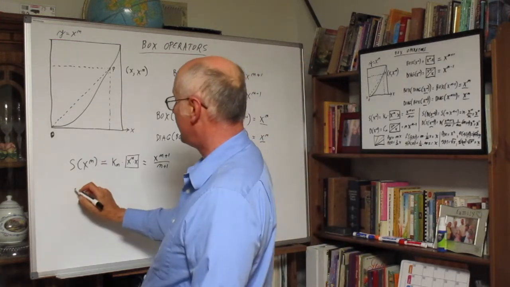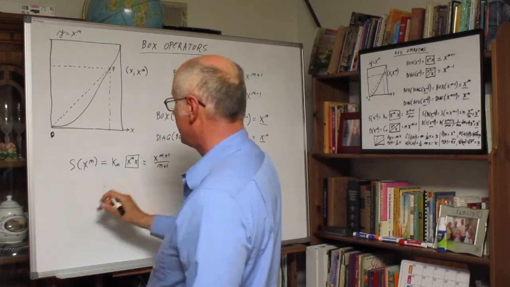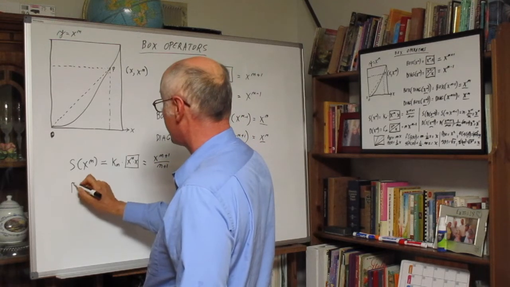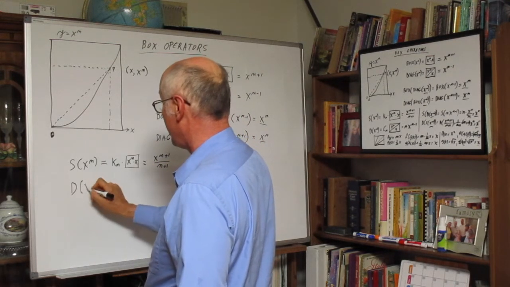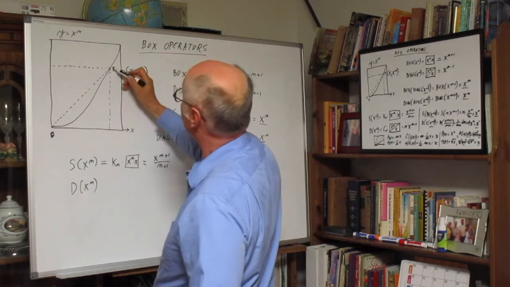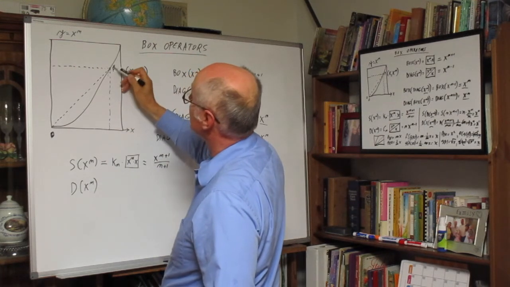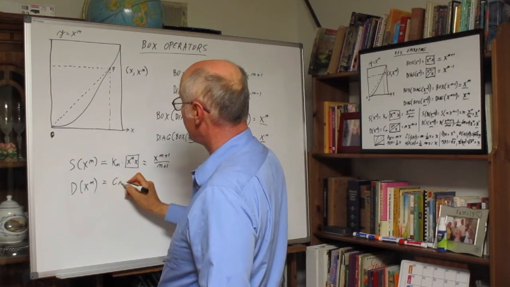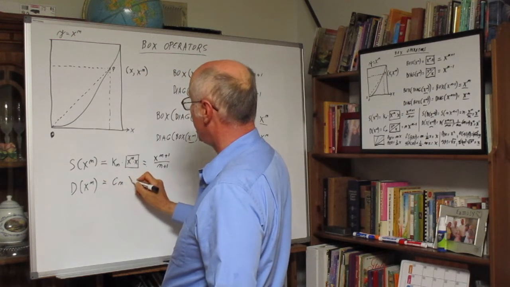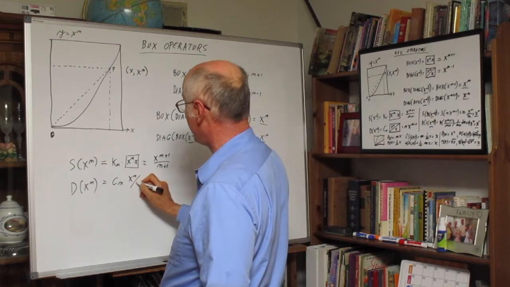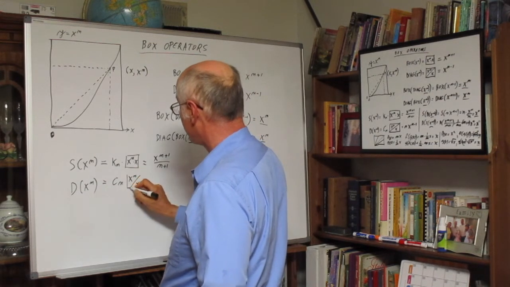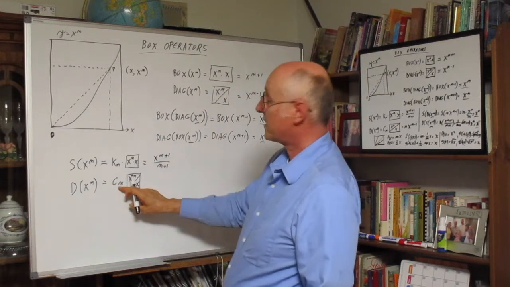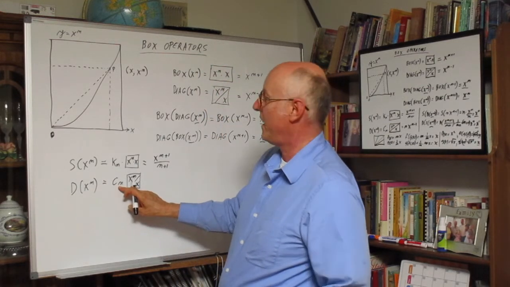And also the diagonal, the tangent slope, which we call the d of x to the n, and that's this slope here. Well, that's simply c sub n times x to the n divided by x. And that's your box operator right here. And c sub n, we found out that it was simply n.